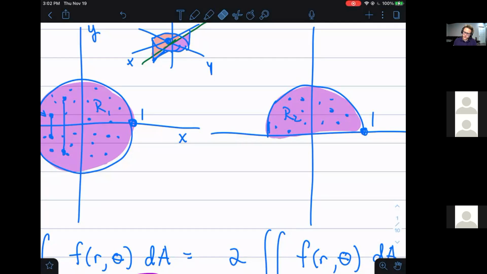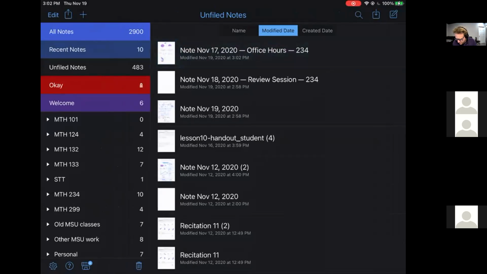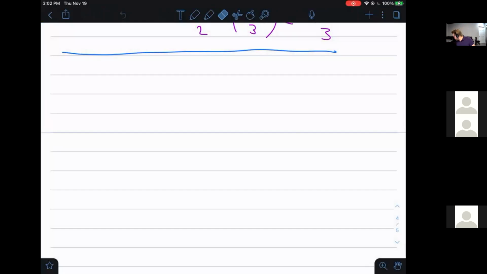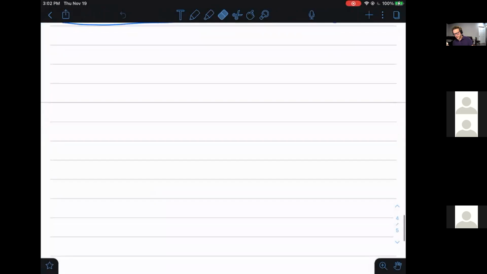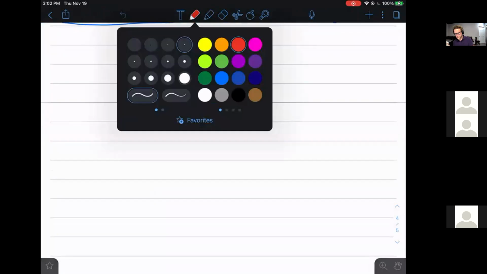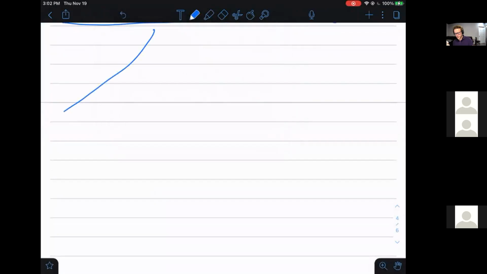Number 6 in the true false section of the chapter 15 review in the book. Yeah, I'd be happy to do that. So number 6 talks about, this is the Stewart true false chapter 15 review.